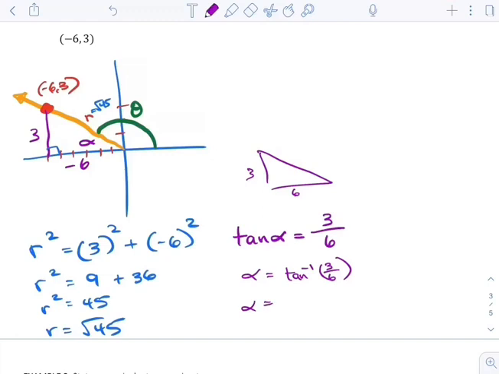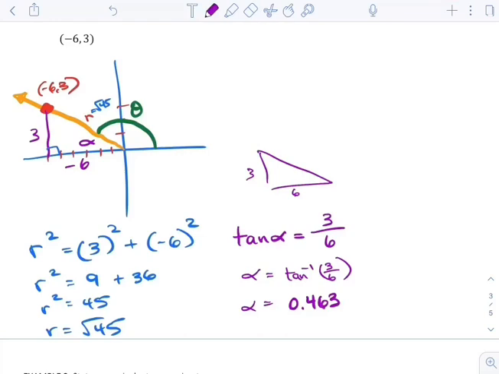Put it into our calculator. I get 0.463. And that's in radians because we're calculating radians. My calculator was in radians. If it was in degrees, you might have a different number, but the question wants it in radians.